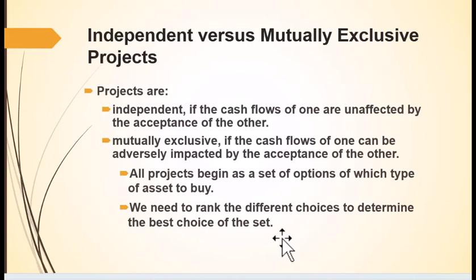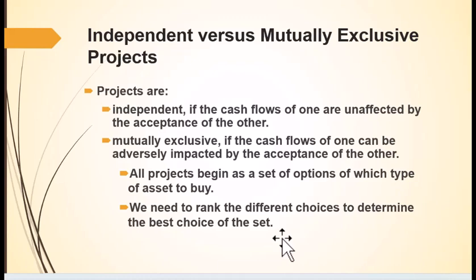Couple of things of terminology. We need to understand that there's a difference between independent and mutually exclusive projects. Why is this important? The whole idea with mutually exclusive projects is that we need to rank them and choose the best of a batch, right?